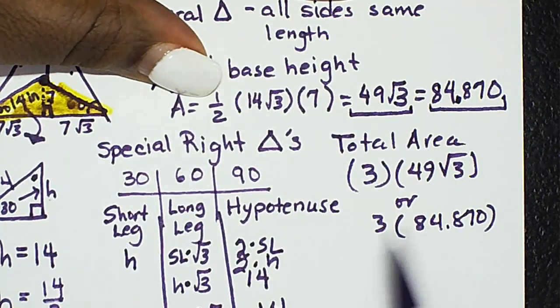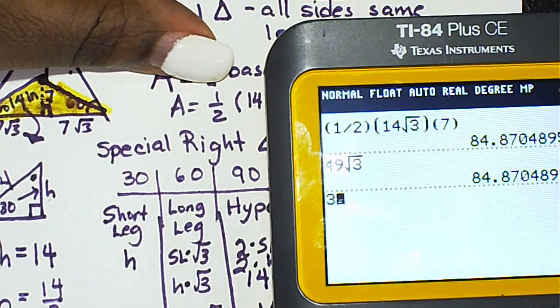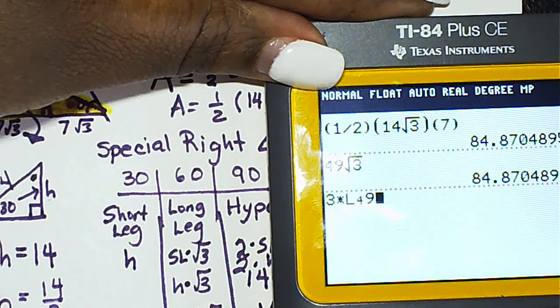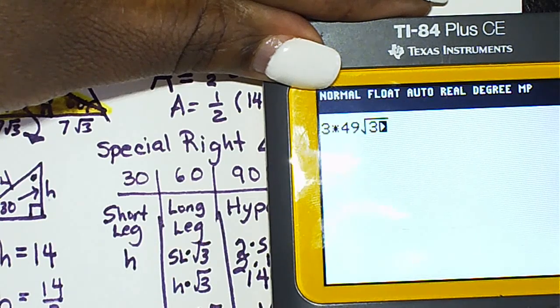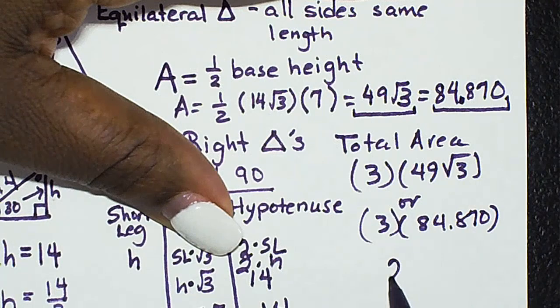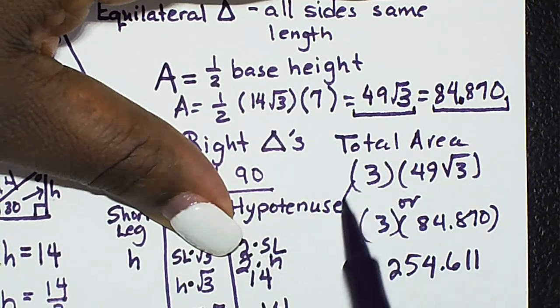Either way, it's going to come up closely the same answer. So 3 times 49 square root of 3 is 254.611. That's what that quantity comes out to.